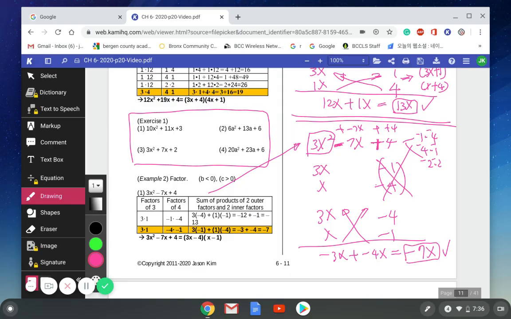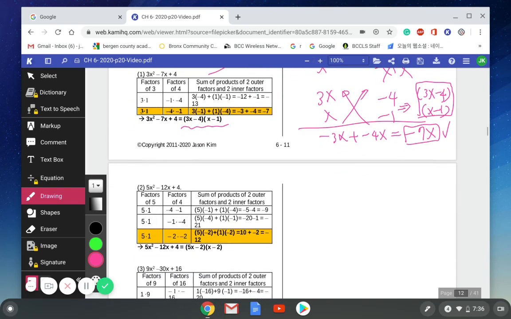That's the one that we need for the middle term. So this setup is correct factoring, which is 3x minus 4 with x minus 1. So I got the middle term at the cross multiplication of the second trial. Okay, so it's not that bad.